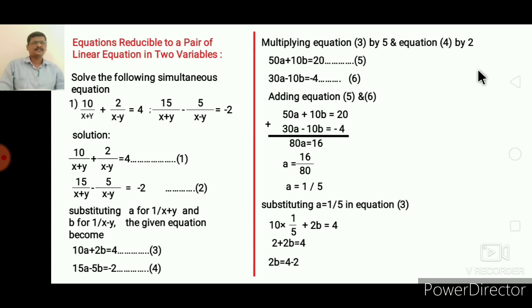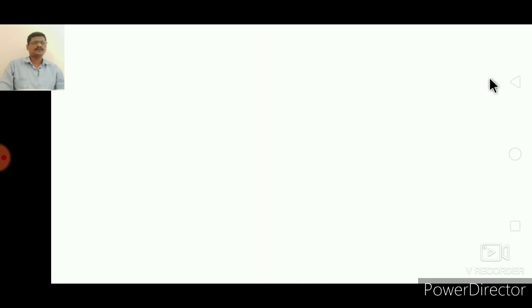Therefore, 2b is equal to 4 minus 2. Plus 2 transfers to the right hand side, this plus 2 becomes minus 2. Therefore, 2b is equal to 2, means b is equal to 2 upon 2.